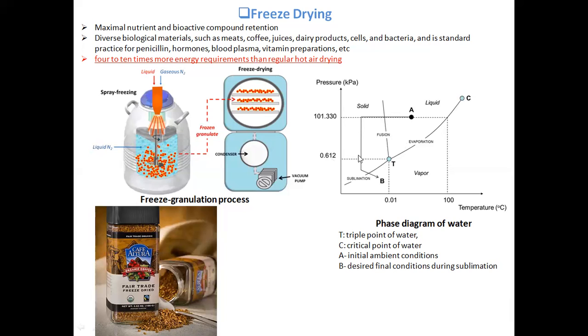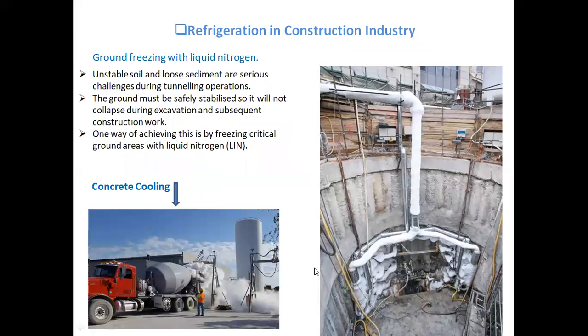And because of that sublimation, as you can see below this triple point of water at point B, the final point is your desired final condition for sublimation, where readily the moisture or the crystals of the water sublimate to vapor, and which is taken out. So such type of freeze drying is explained here.